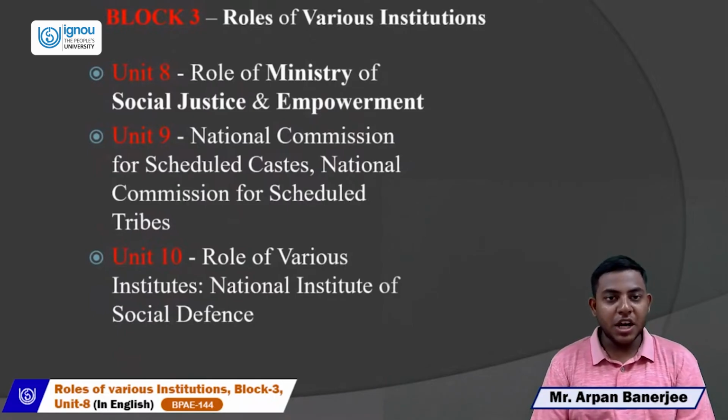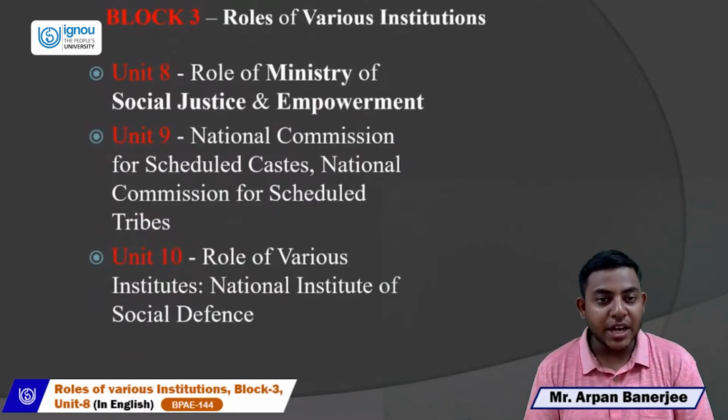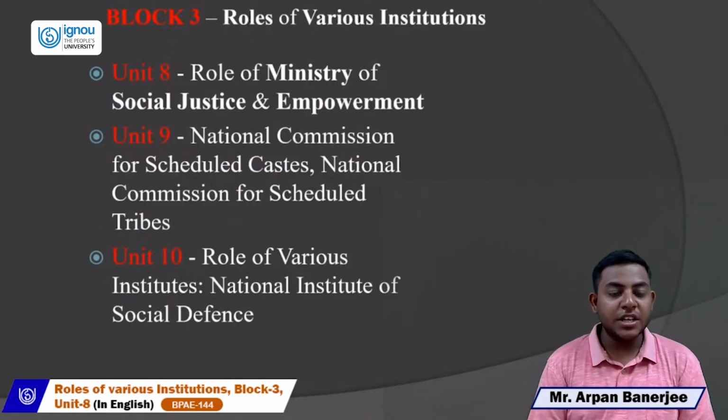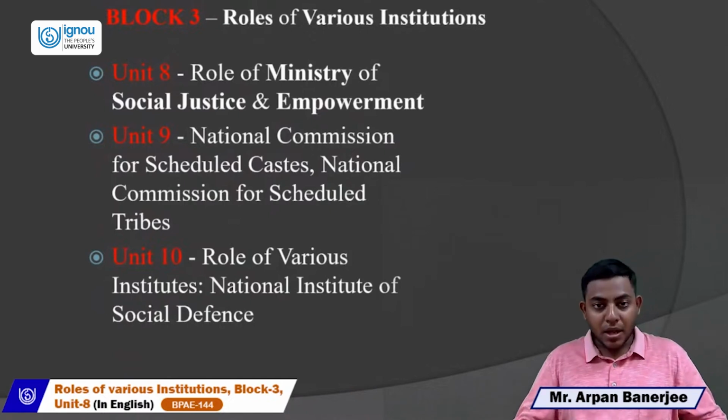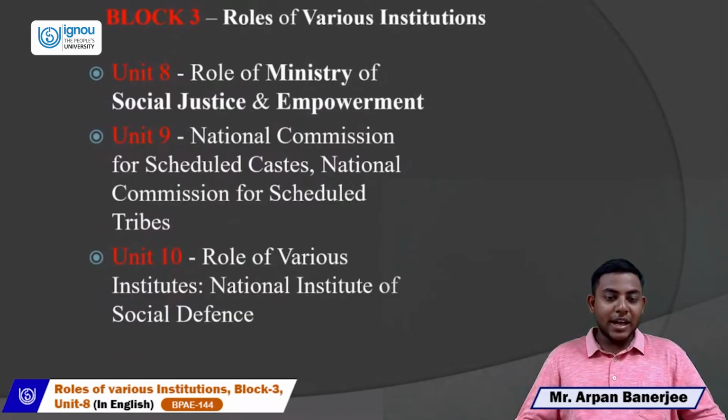So Unit 8 is pertaining to the role of the Ministry of Social Justice and Empowerment. And Unit 9 is pertaining to the National Commission for Scheduled Castes and the National Commission for Scheduled Tribes.